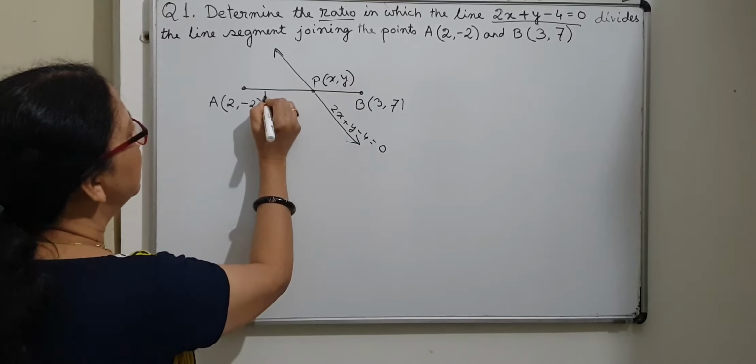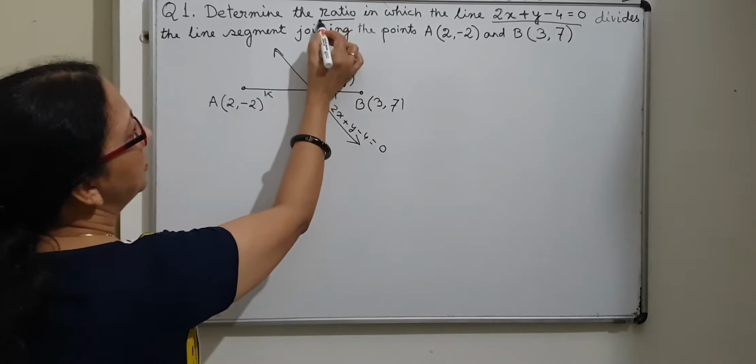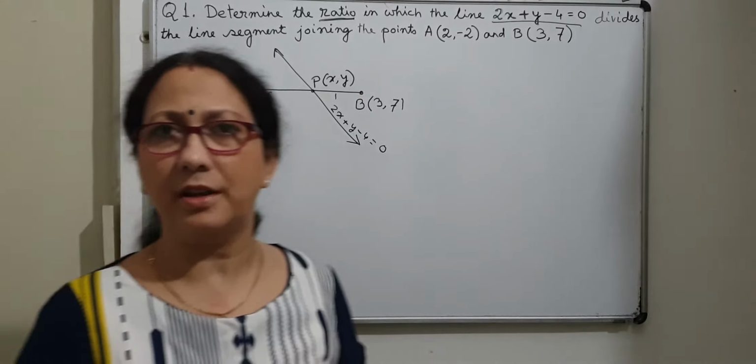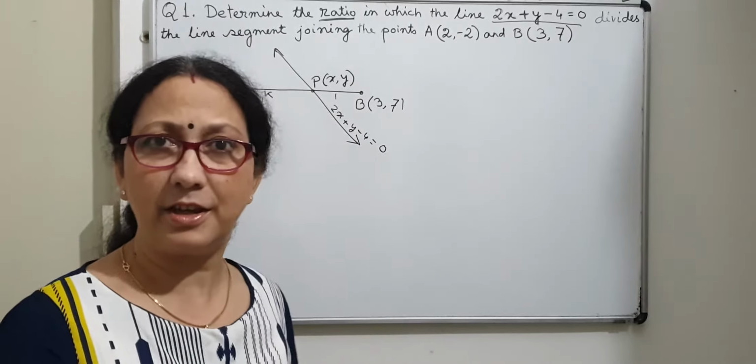So why have I taken k:1? Because I have to find the ratio, so I'll be using the section formula in the k form.